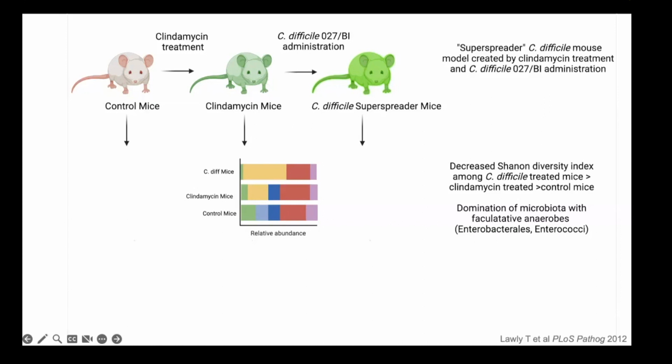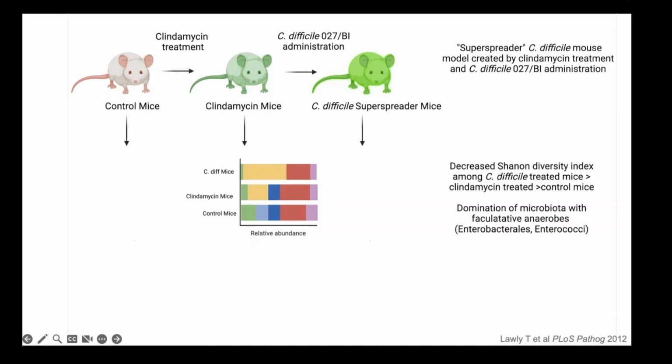And then they took stool from these mice and looked at the microbiota composition and found a decreased Shannon diversity index. The Shannon diversity index is just a metric that we use to look at microbiota composition, and it tells us how much diversity of strains there are in the microbiota. And they found in the C. diff-treated mice and in the clindamycin-treated mice, compared to the control mice, there was domination of the microbiota with facultative anaerobes.